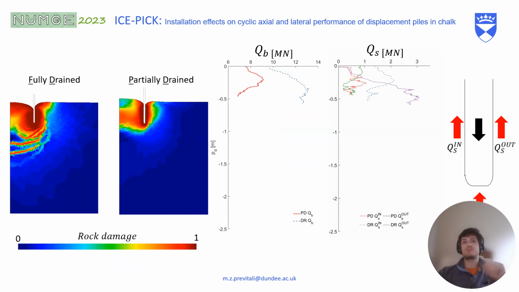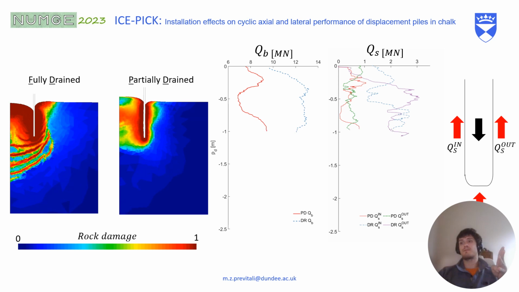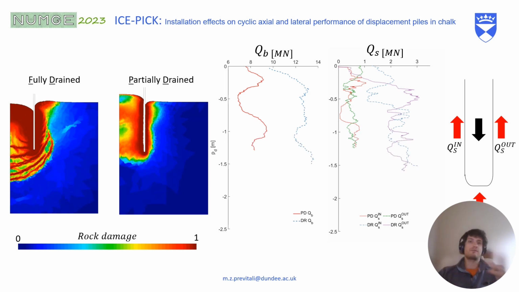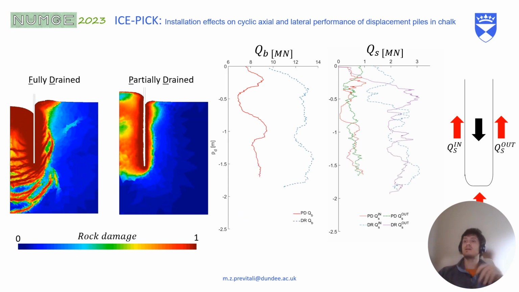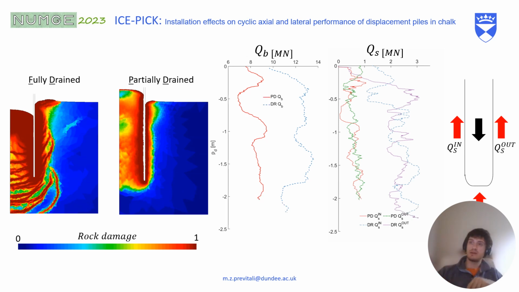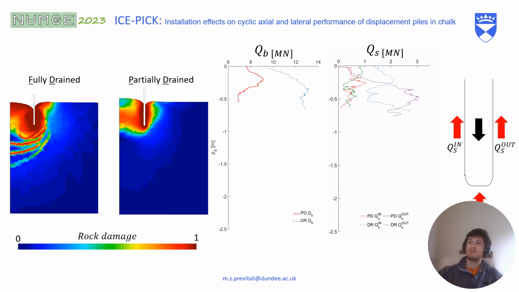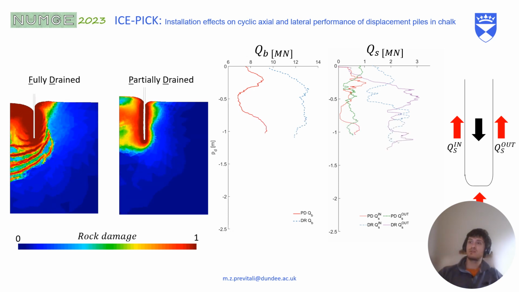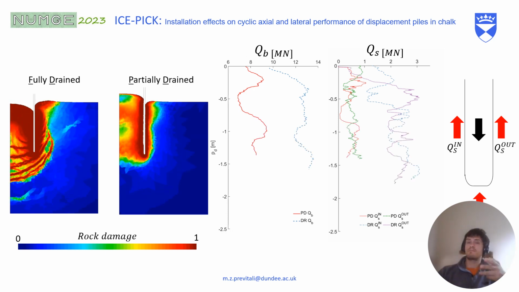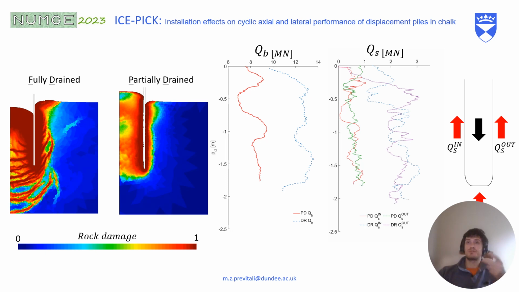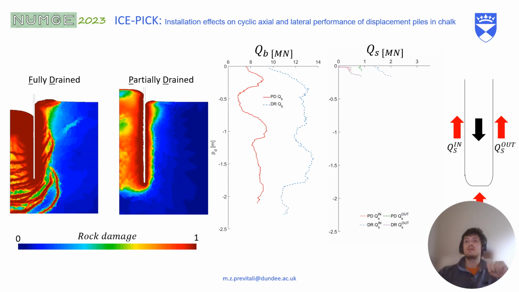So if you measure the forces acting on the pile from the simulation, you can see on the right we have force inside, force outside on the shaft, and tip resistance, so QB and QS.